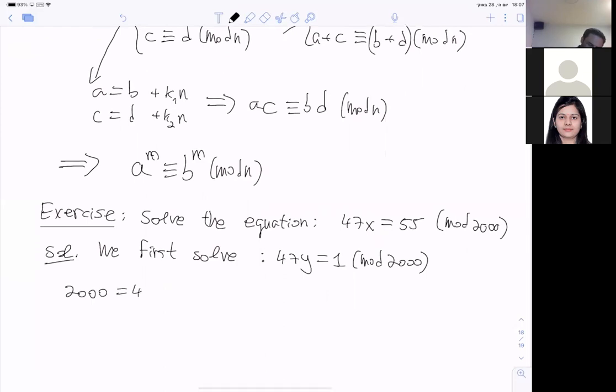I think I'm saying that if you find such a y that gives you 1, then 55 times y will give you 55. I mean, first get to 1. From 1 to 55, it's not a problem. Multiply this solution with 55. Okay, so first we have to solve this.